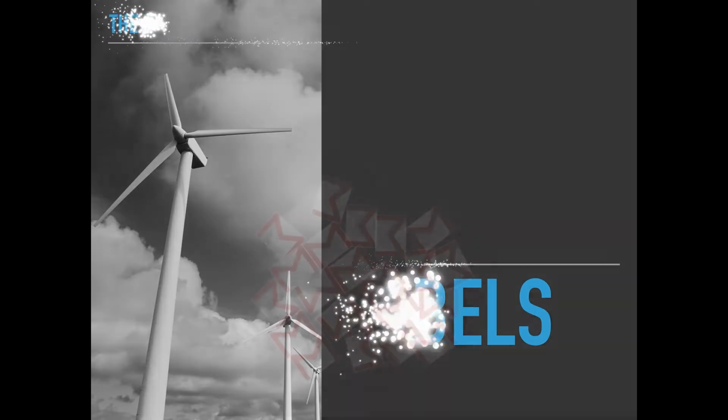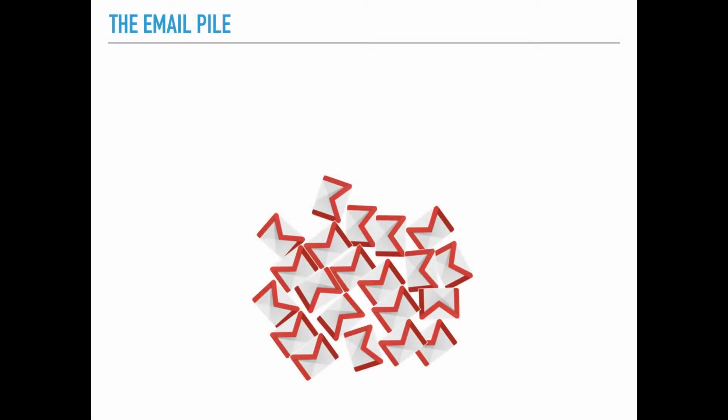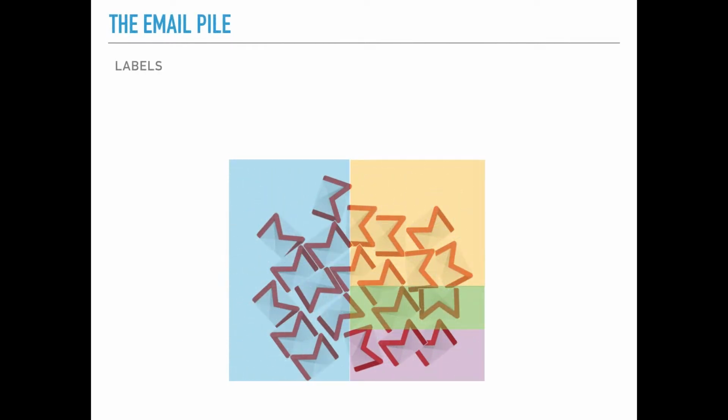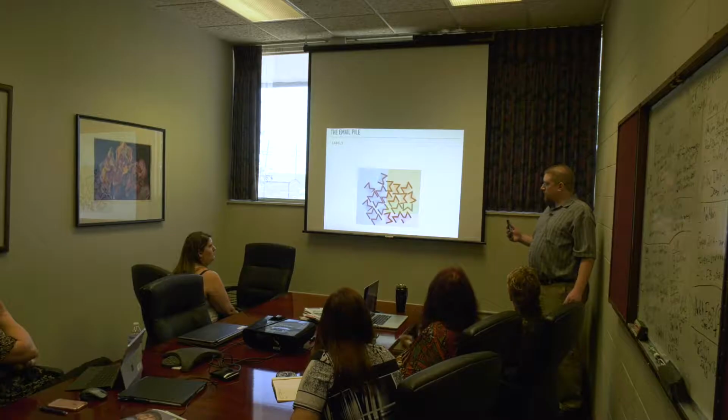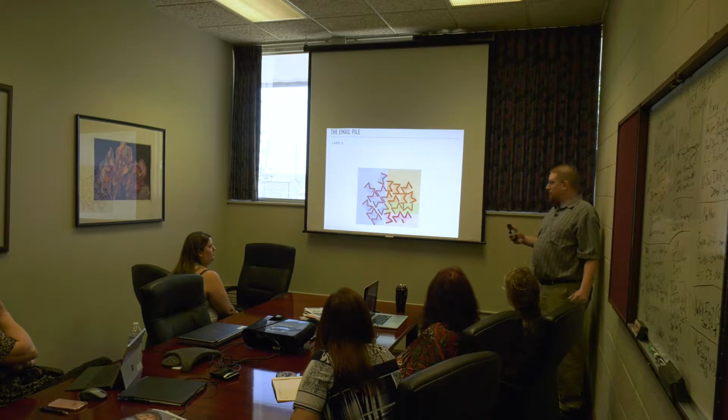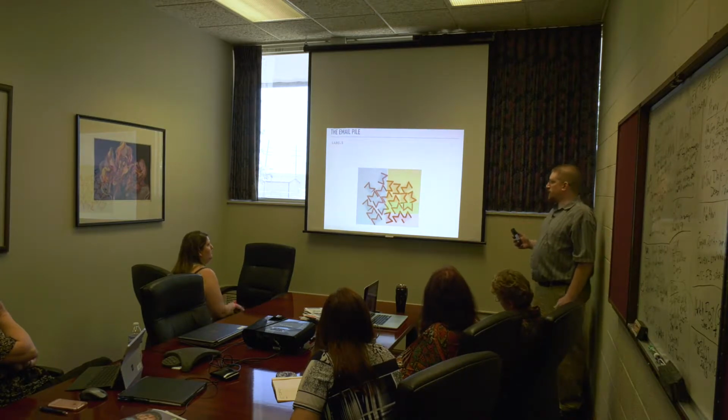So, labels. We've talked about how the emails are all a big pile, so you can sort them a little bit. As a lot of people have already discovered, there are certain things that you can do to sort them. You can add labels. They're not the same as folders. With folders in Outlook, you would put something in a folder and it would be just in that folder. But with a label, they still exist in the pile, but it's a way for you to quickly recognize where they are.